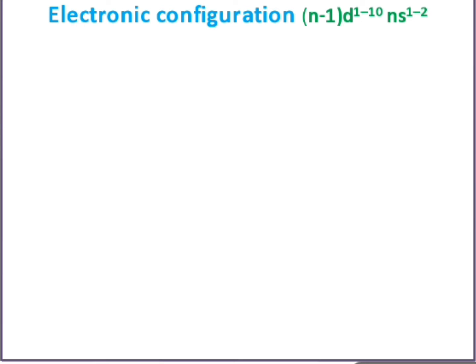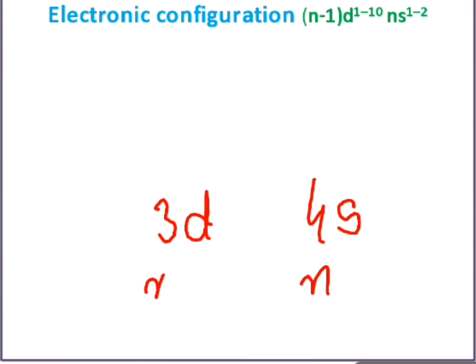If n is equal to 4, this one is 4s, so here d will be 3d, because n is equal to 4, so this will be n-1. So if the outermost orbital is 4s, it will be 3d.